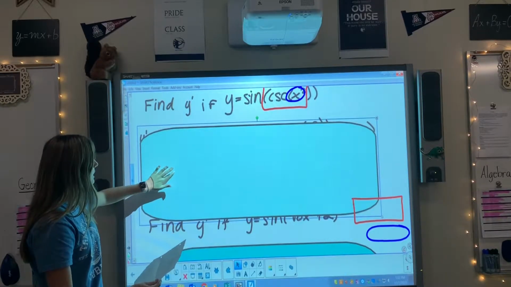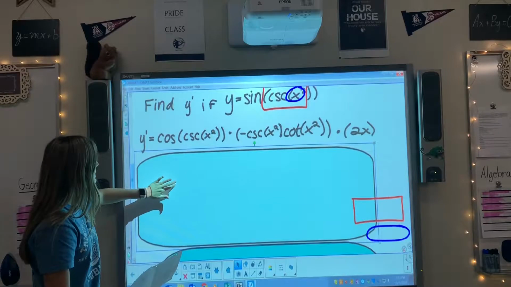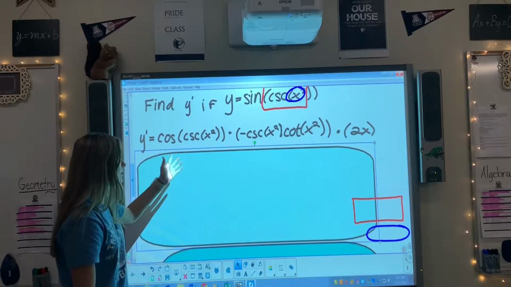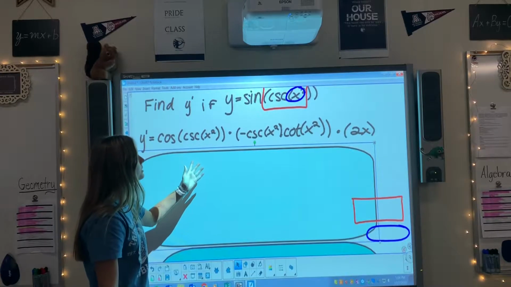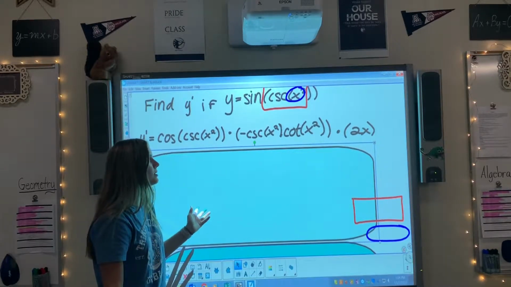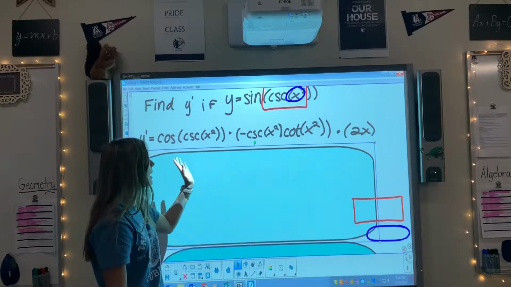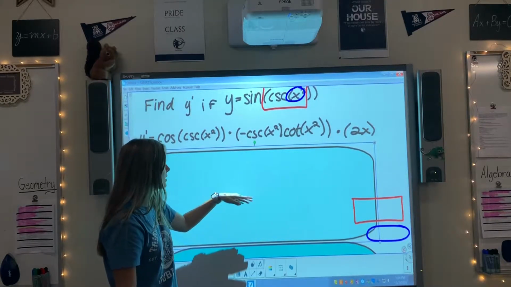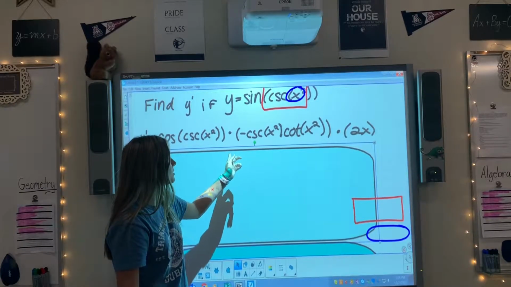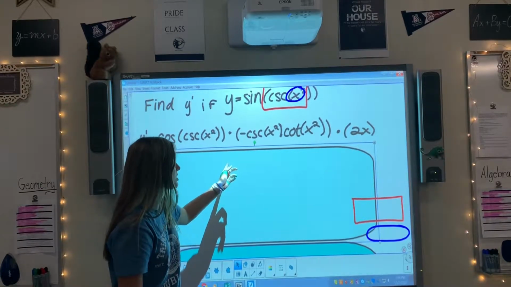First you take the derivative of sine of the box. So it's cosine of cosecant of x squared, because the box is left alone. The next step is something people often forget, and that is to multiply the first function by the derivative of the box. The derivative of the box is negative cosecant x squared cotangent x squared.